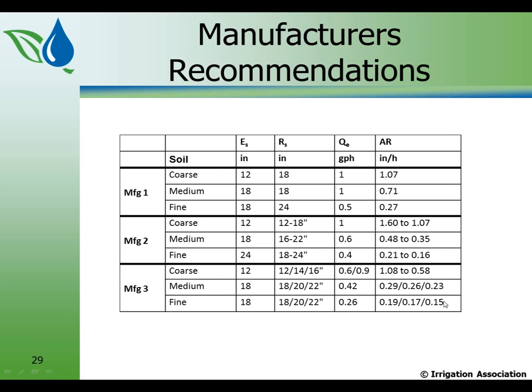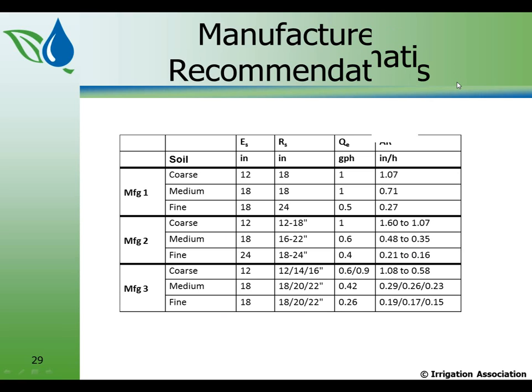And you can see that the application rates vary widely from 0.15 inches per hour to over an inch per hour. But basically, the recommendations are to adjust the emitter spacing and the emitter flow rate so that the application rate is relatively low for the finer soils, and you can go to high rates for the coarser soils.